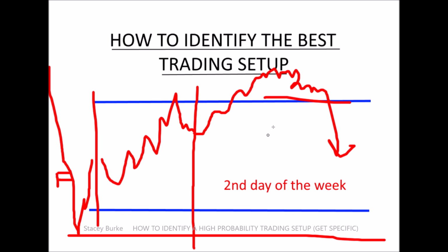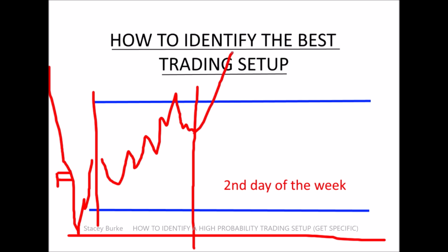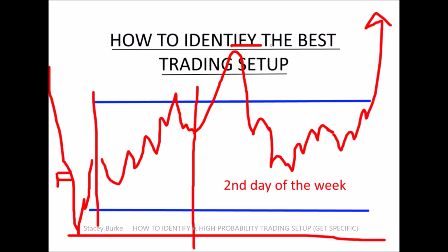Day 1, day 2, day 3, and they may roll this over to the low of the week. I have no idea. They may break higher and come back inside and put a low of the week in. Day 1, day 2, day 3 reverses and pulls back inside, but day 3 can still resume the trend.